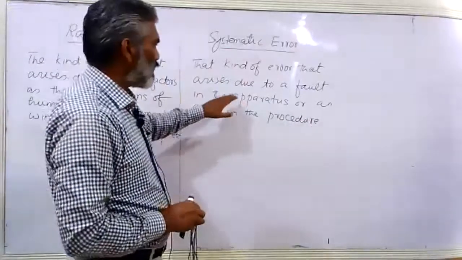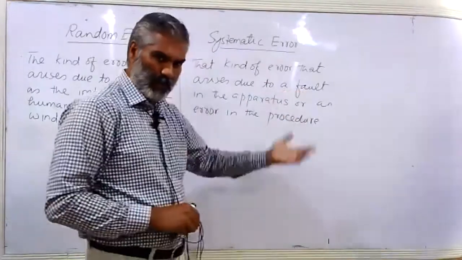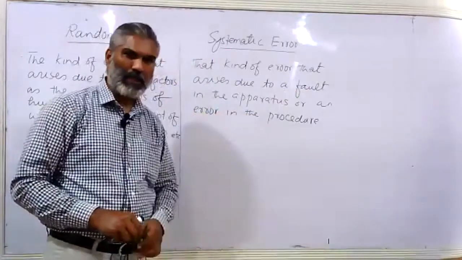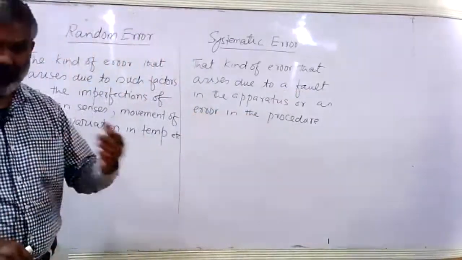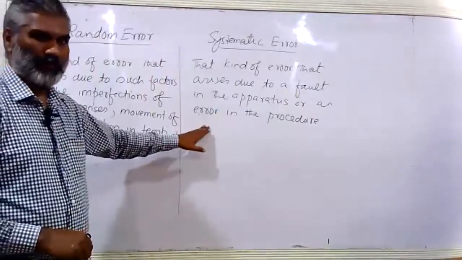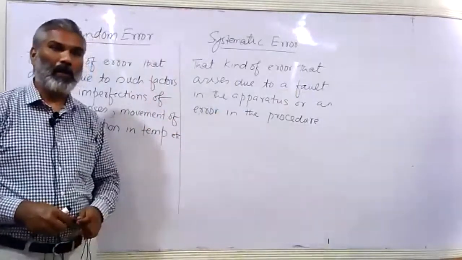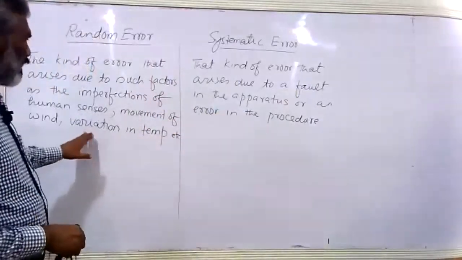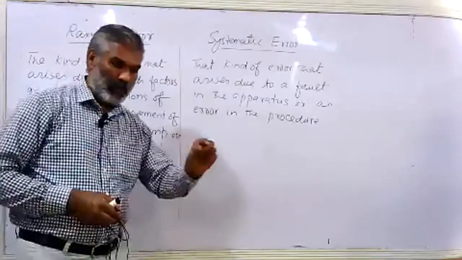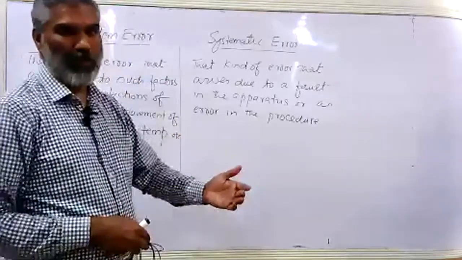If it is the same fault that is repeated in every measurement, or it is the same error in your procedure that causes the error by the same amount, that is the systematic error. That means it has a fixed value and unlike the random error, we can quantify it exactly. This is the error that we are having in each of our measurements.